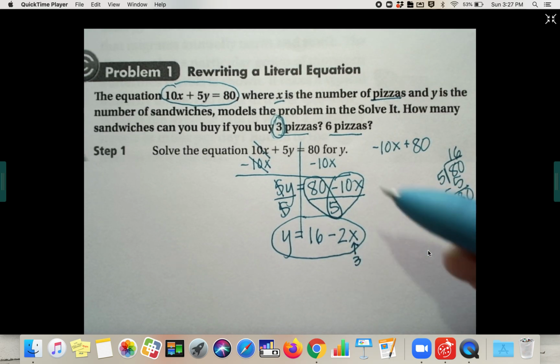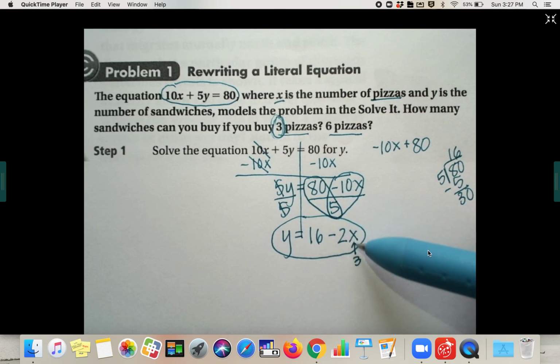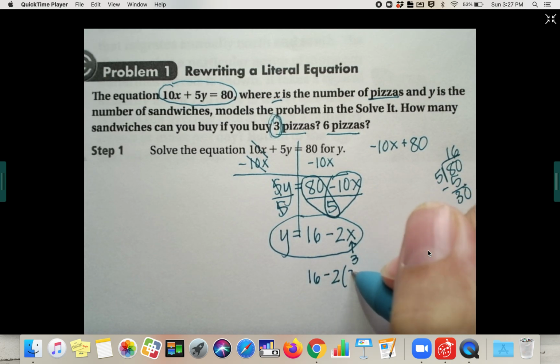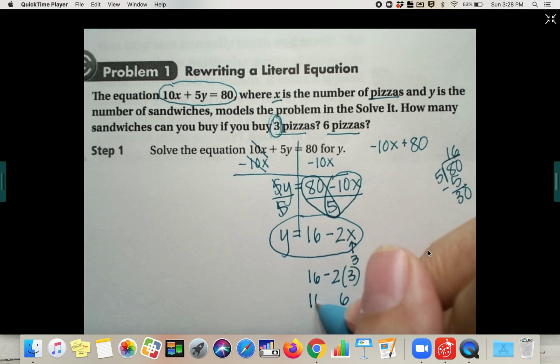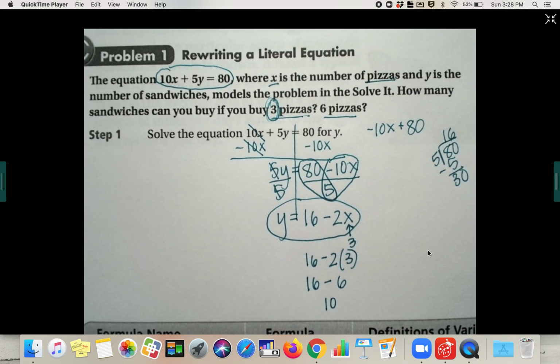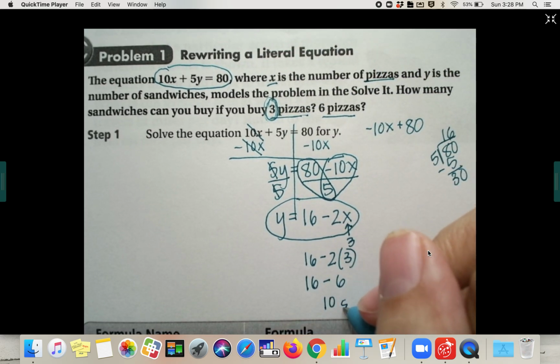And the only way to do that was to have y by itself so that we can do the math over here. So what that's saying is 16 minus 2 times 3. 2 times 3 is 6. So 16 minus 6 is 10. So if we buy 3 pizzas, there would be 10 sandwiches.